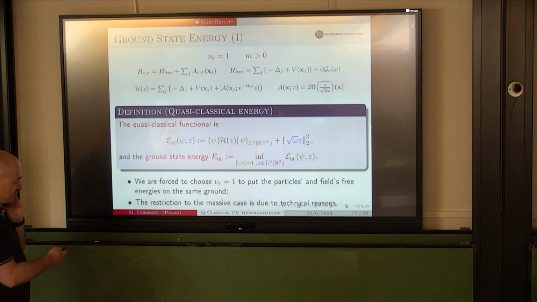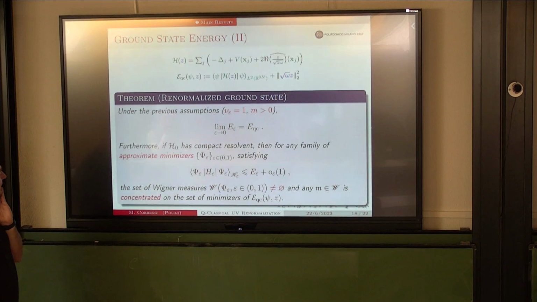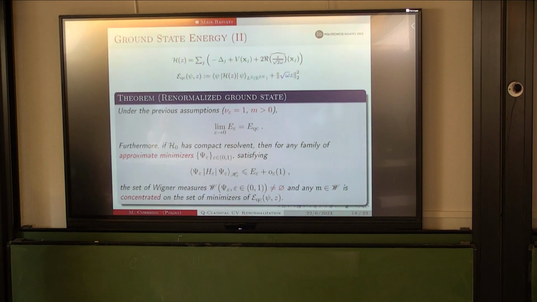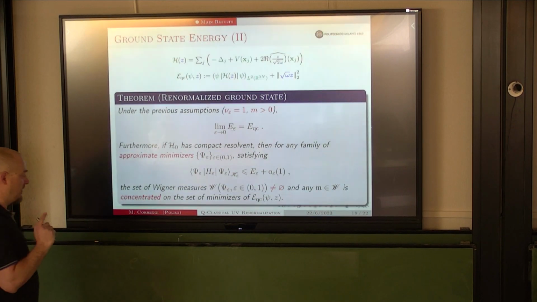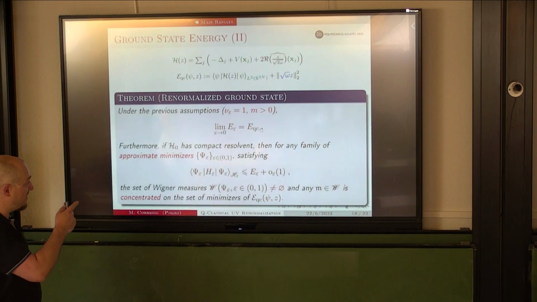Very good. So that's the energy we expect to get in the limit. Are we able to show that we will get it? Yes, that's the theorem. And this says exactly that the bottom of the spectrum of the normalized Nelson Hamiltonian, keep in mind that the normalization has already been performed, so the limit epsilon to 0 of it is precisely this quasi-classical energy, which makes sense even without cutoff.